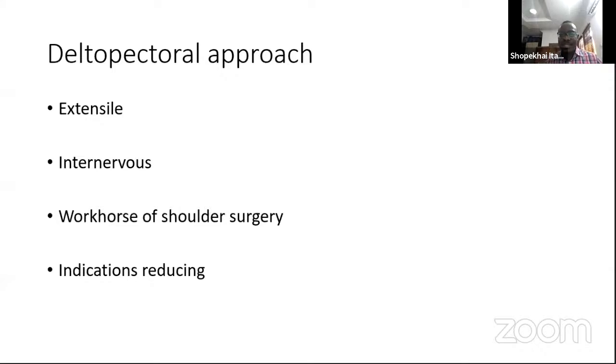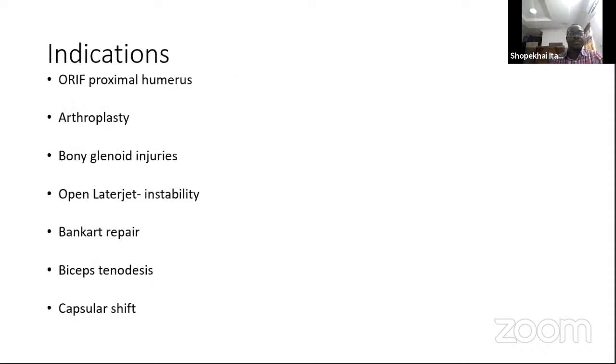However, like I said earlier, indications for its use are increasingly reducing. It will just essentially be limited to doing arthroplasties, fractures of the proximal humerus, and then open Latarjet procedures, which even now is being done arthroscopically by some surgeons.